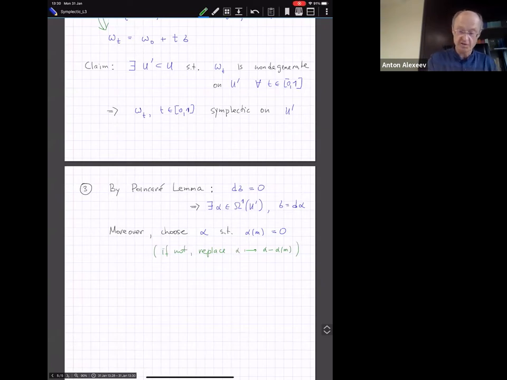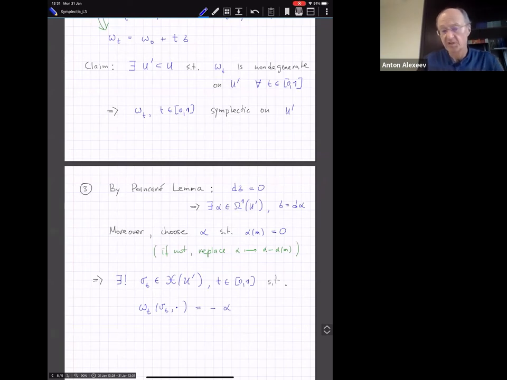Okay, so then there is a unique family of vector fields V t on U prime for t between 0 and 1, such that the following equation holds true: omega t of V t is equal to minus alpha.